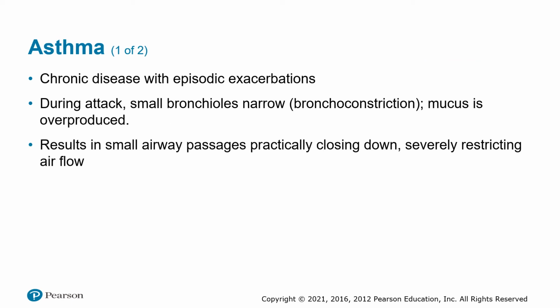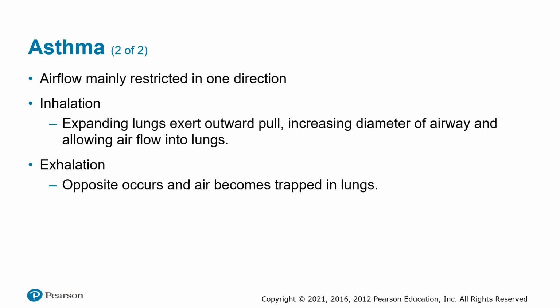Asthma, this is a chronic disease with episodic exacerbations. During an attack, the small bronchioles narrow, causing bronchoconstriction. We get mucus overproduction, and then basically what happens is that those small airway passages, those bronchioles, start to close down, and they start to restrict airflow. It is restricted mainly in one direction.